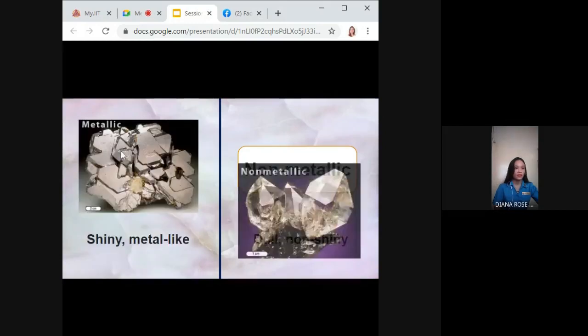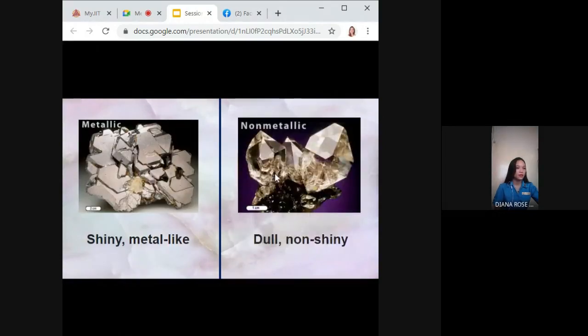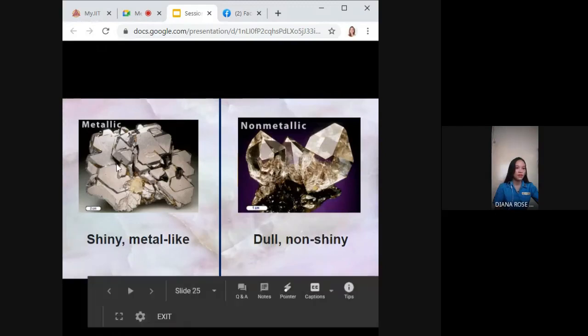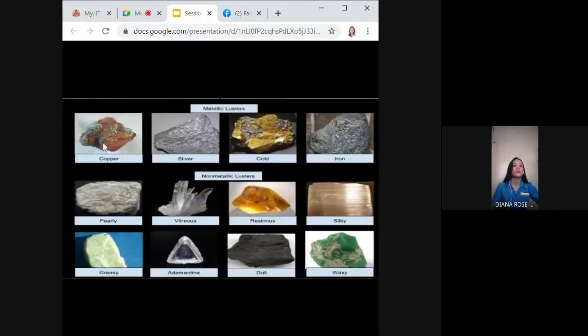So let's look at this as an example. This one is metallic and this one is non-metallic. Metallic is shiny and metal-like, and non-metallic is dull and non-shiny. This one is an example of metallic luster: copper, silver, gold, and iron. Non-metallic luster is further divided into different types.